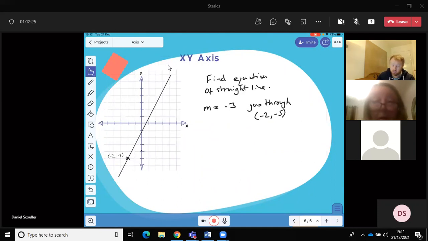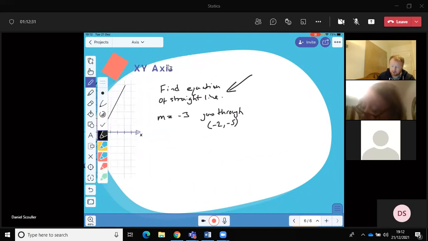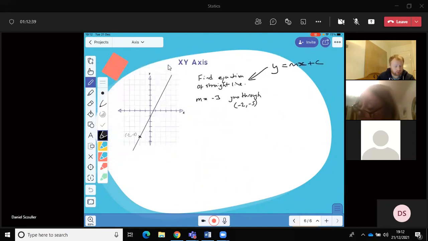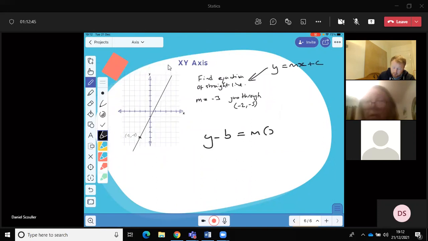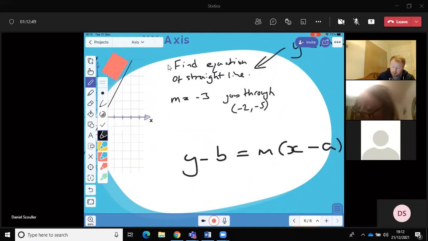We want to find the equation of a straight line. So we want to leave it in the format y equals mx plus c. We're going to use y minus b equals m(x minus a), and that's going to be our AB.